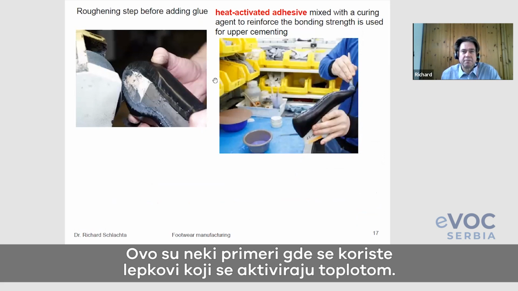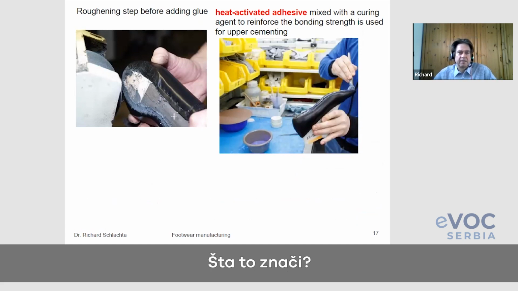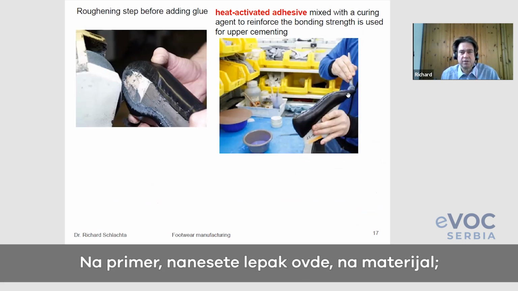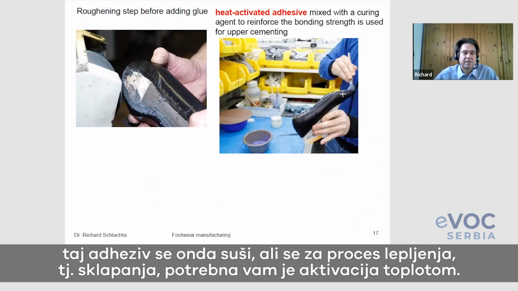Here are some examples where so-called heat-activated adhesive is applied. What does it mean? You put adhesive on, for example, the materials. That adhesive then dries, but for the gluing process, the assembling, where you glue two parts together, you need what is called heat activation.